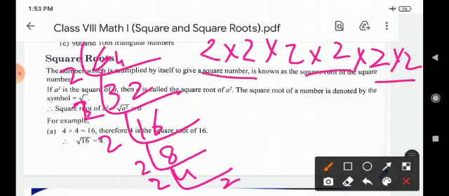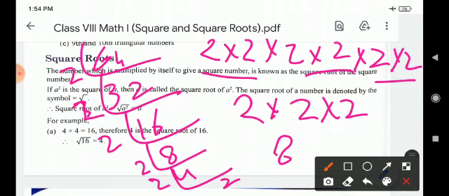Making pairs of the prime factorization of 64, taking one from each pair, 2 into 2 into 2, that is 8. So under root 64 is equal to 8.